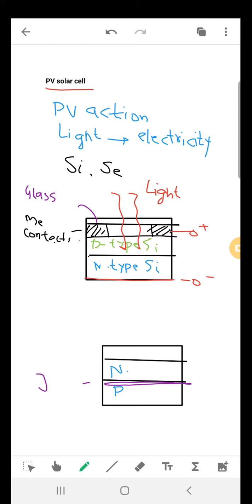This is your junction, and you have a transparent conducting film at the top. If we use silicon here, this can be N-type CdO2, cadmium dioxide. So we have a negative contact here, and we have a positive contact here.